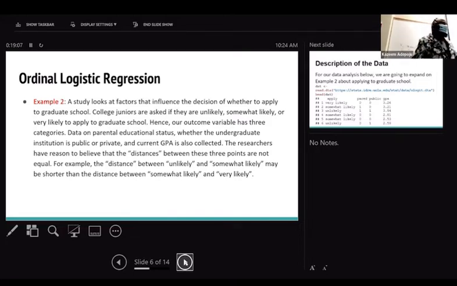Now, I've given you an example of ordinal logistic regression. Let me also give you another example.